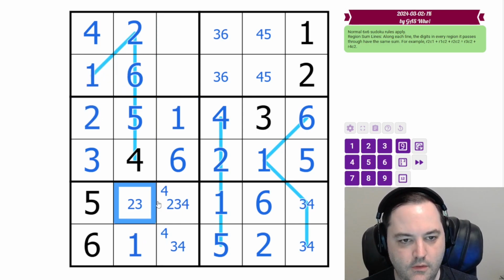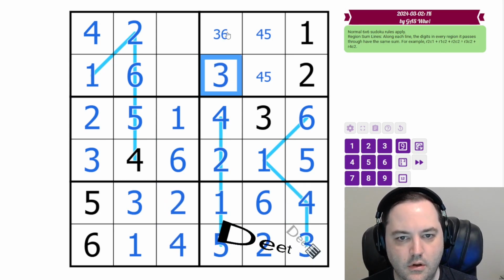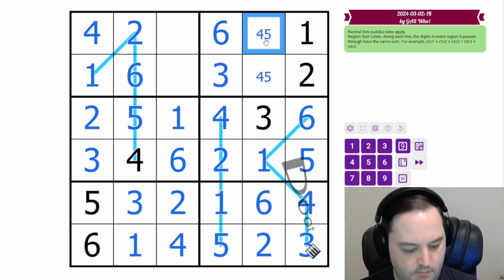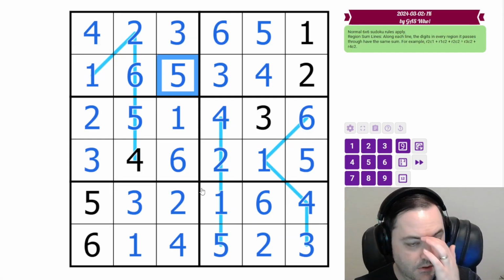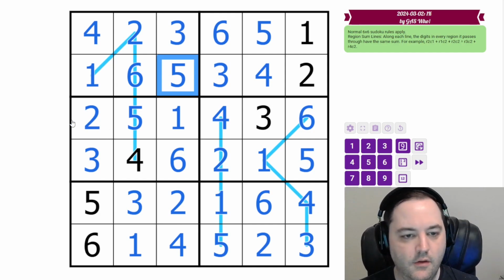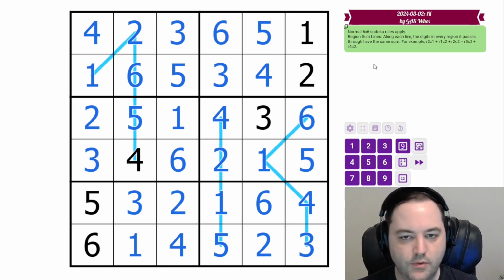This is 1, this is 3, 4, 2, 4, 3, 3 and 6, 5 and 4, 3, 5. So there's a little working out of math to do in that one. It's not straightforward. This one gave people a little more trouble than the other ones.